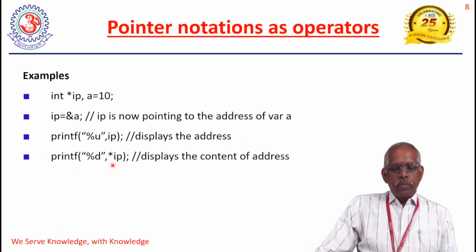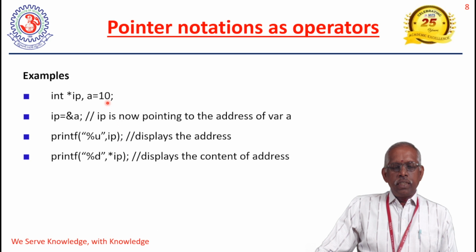Next line, I am going to access the content of the particular address. So star IP. I know the data type is integer, so I am using %d for decimal. I can use %i also. So star IP will give you the content of the particular address where the 10 is available.